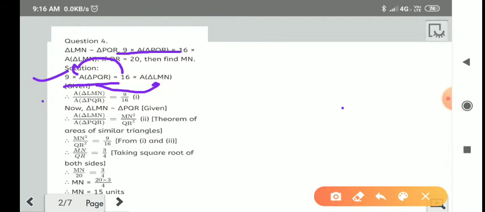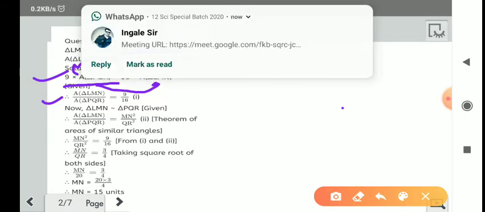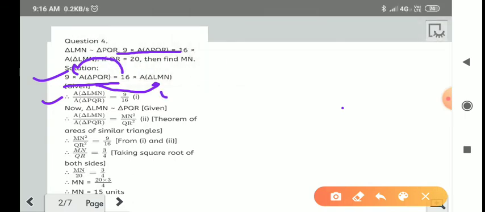So area of triangle LMN divided by area of triangle PQR is equal to 9 divided by 16. Okay, so we get the ratio of areas of two similar triangles. Now, these two triangles are similar, so we can apply the theorem of areas of similar triangles.